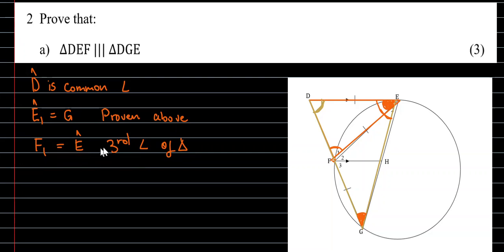Then you'll be done by proving these two triangles have the similar angles. Then now you can just say, therefore triangle DEF is similar to triangle DGE.